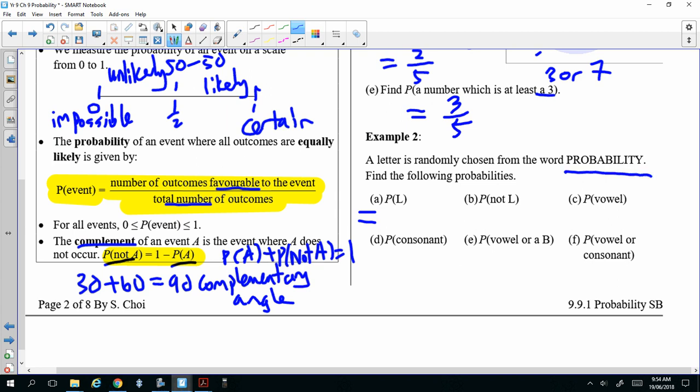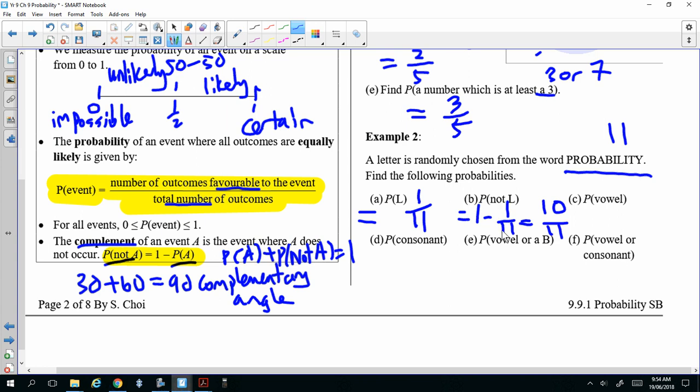So you do 1 out of 11. How about not an L? What's another way? 1 minus the L, which is 10 out of 11. See how we use this formula to calculate the probability of an event not happening? We do 1 minus 1 out of 11.